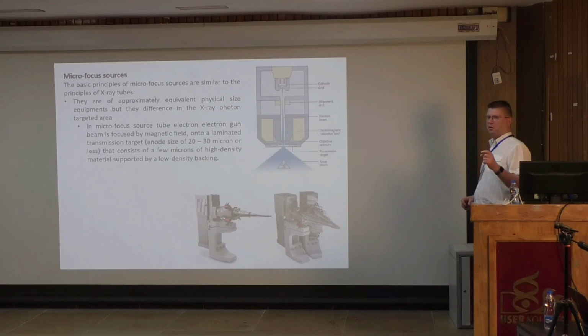In the conventional X-ray tube the anode spot is about 1 centimeter. Here it's microns, tens of microns. So it creates the X-rays in a much smaller area, and by combining the power with the small size, you get much more out of it, so it's more efficient.